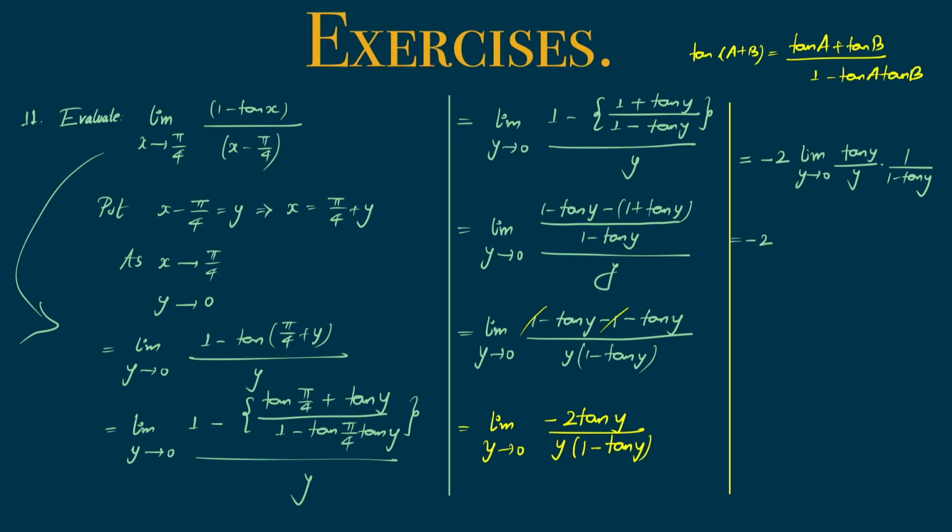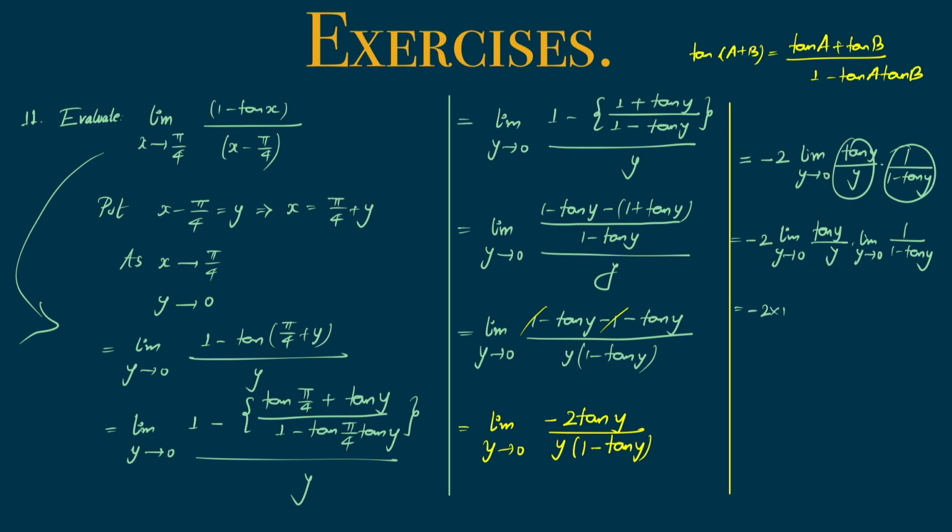Now let me distribute the limit to both the terms. So it will be limit y tends to 0 tan y by y into limit y tends to 0 1 by 1 minus tan y. So it will be equal to minus 2. Now this portion is in the formula, so it is 1 directly.